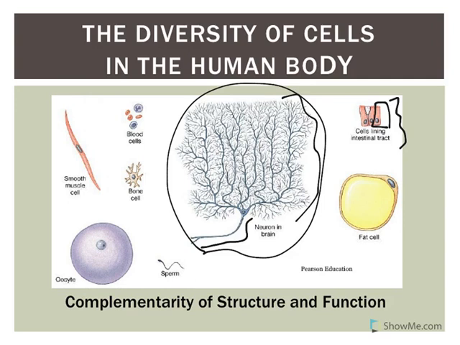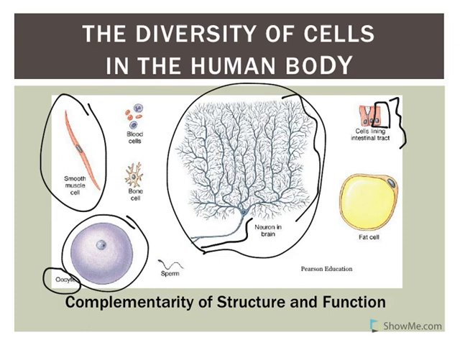Now, we also have, say, muscle. You see here a picture of a smooth muscle cell. They are designed to pull structures together. You see here an oocyte, and look at the size of this compared to, say, the sperm. The sperm have tails, they have flagella.